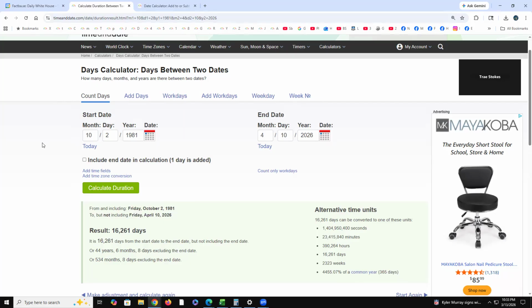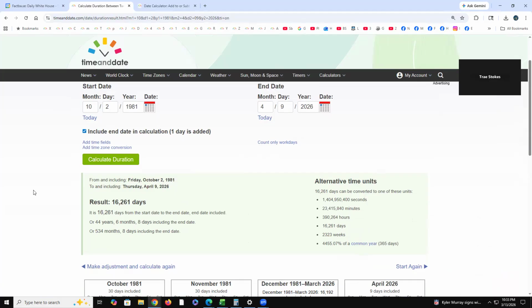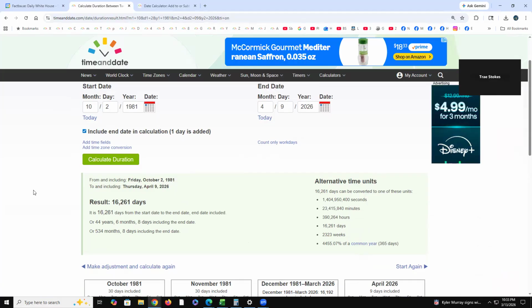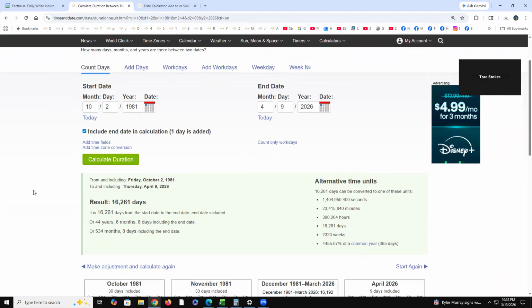The middle day is on 4/10. But if you include both dates, which we can always do, it's a palindrome, 16261. So if we just drop it to the ninth and do what we're allowed to do, include both dates, it's a palindrome. So that's pretty interesting also.